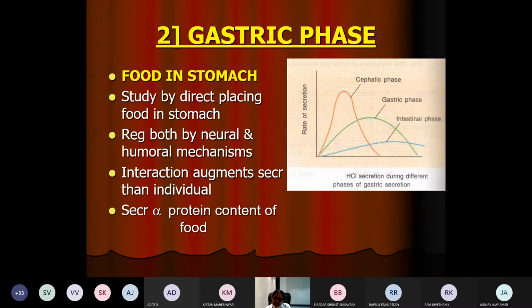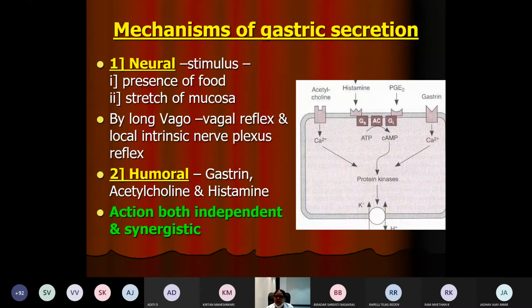This diagram is important. Mechanism of gastric secretion, neural: the stimulus is presence of food, there will be a stretch of mucosa, by long vagovagal reflex and local intrinsic nerve plexus reflex. Humoral: gastrin, acetylcholine and histamine. Action is both independent and synergistic.